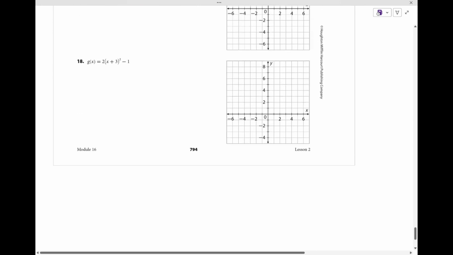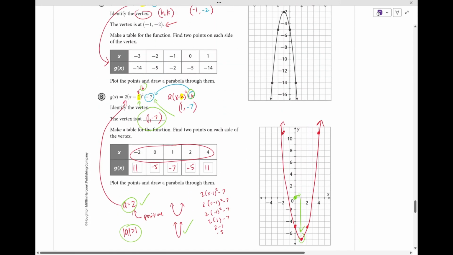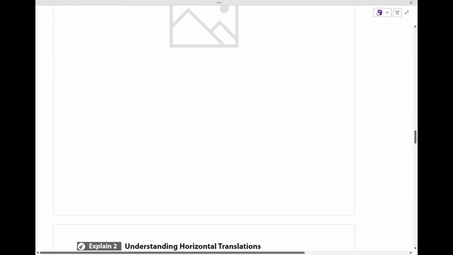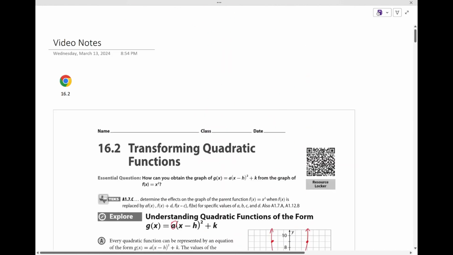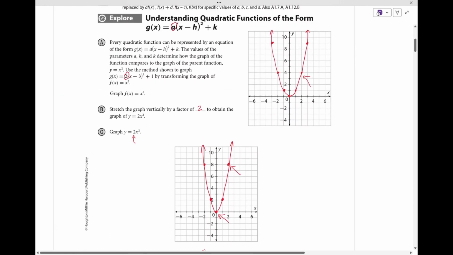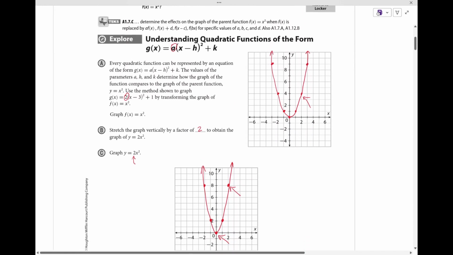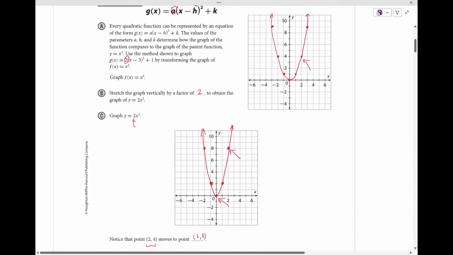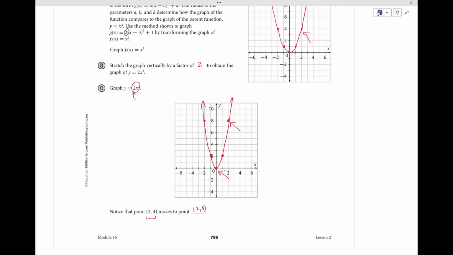Okay. Alright, that's the end of the lesson. So just to recap, I know there's a lot going on here. Maybe it helps if we go back to the very first example. What they did here was they graphed the parent function, x squared. Then they stretched the y values times 2.